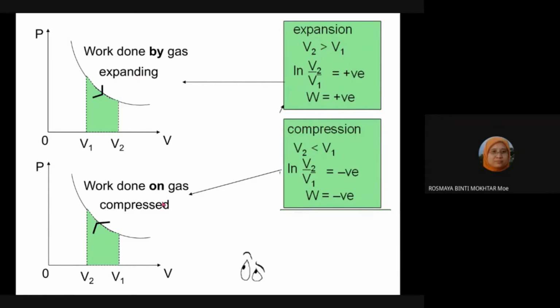So you push the piston, so that one will be work done negative. If we give heat to the container, the gas in the container, the piston moves upward, or to the left like just now. So that one is work done by the gas.